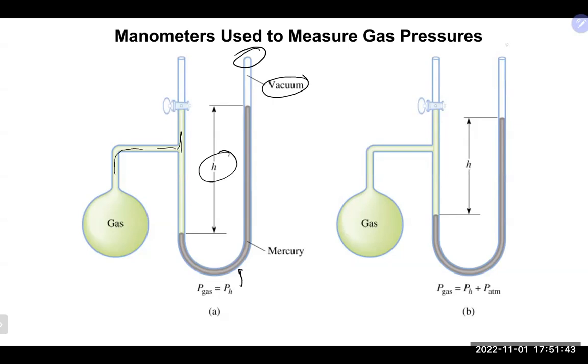If you do it in an open environment, you do have to take into account the atmospheric pressure that is pushing back down on it. So it would be the pressure of the column plus that atmospheric pressure, which is pushing it back down the other way. So you add that back in to get the pressure of the column.